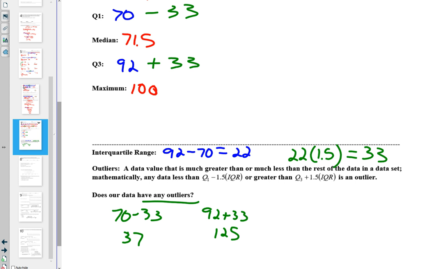So do I have anything that's less than 37 in that data set? No. Do I have anything that's greater than 125 in the data set? I realize if we know that they're test scores, you can't even go more than 100, but who knows what we're measuring. So this data then does not have any outliers. No outliers.